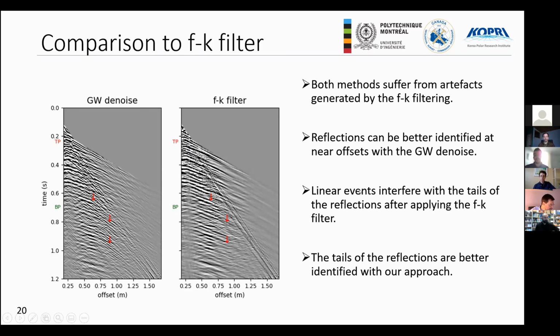And linear events interfere with the tails of the reflections after applying the FK filter. That's what is happening in here. You have some linear events that don't let us see the hyperbolas, while in here the hyperbola is very clear. And the tails of the reflections are better identified with our approach.